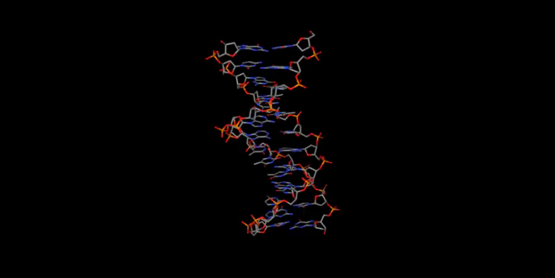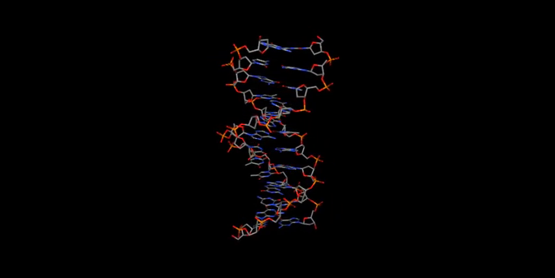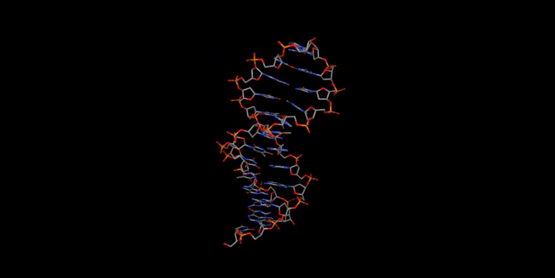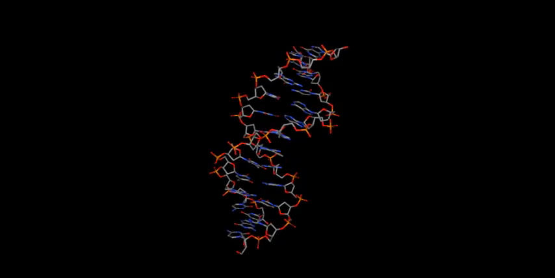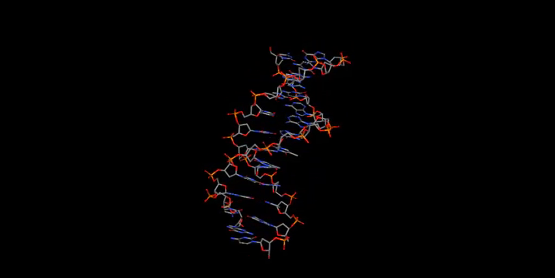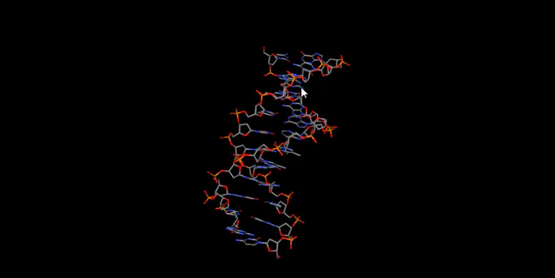Now, if we simplify the structure that we've seen before and look at it spinning, it's even easier to see the interaction between the sugar and the phosphate, known as the sugar phosphate backbone. Where I want to attract your attention is right here in the middle.